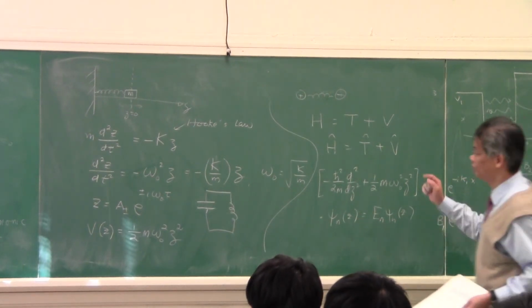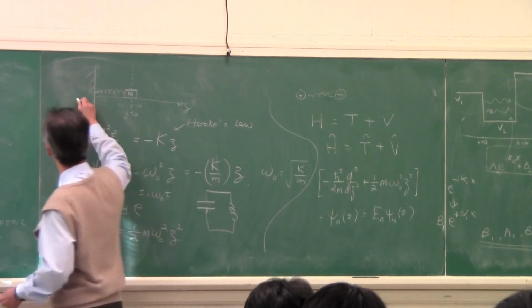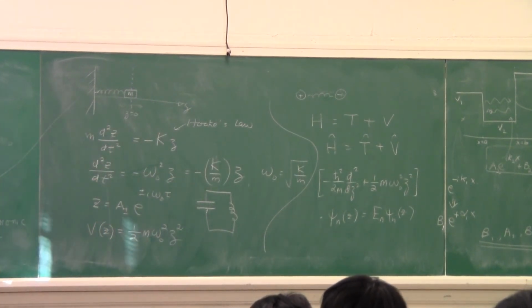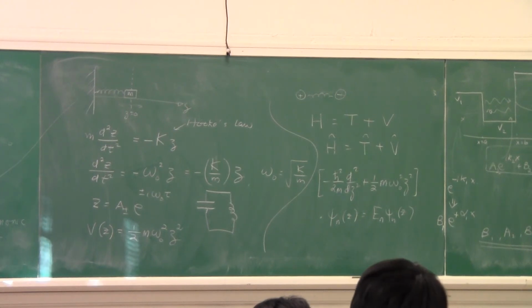So if I were to elevate this problem to quantum mechanics, this is classical mechanics, it becomes a quantum mechanical problem. If I were to describe a particle moving about, being trapped by this potential well, that is the Schrodinger equation that the particle should satisfy. And that is the wave function that the particle should have.